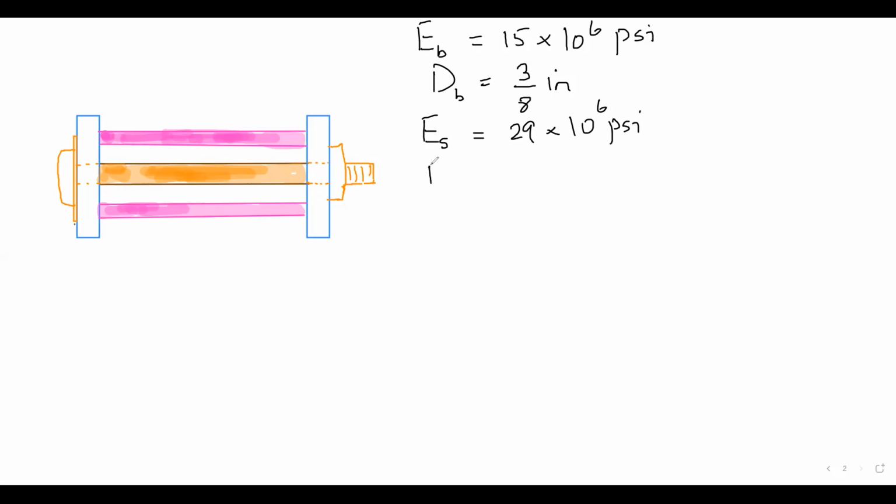Outer diameter of this is 7 by 8 inch, and it has a wall thickness of 1 by 8 inches.